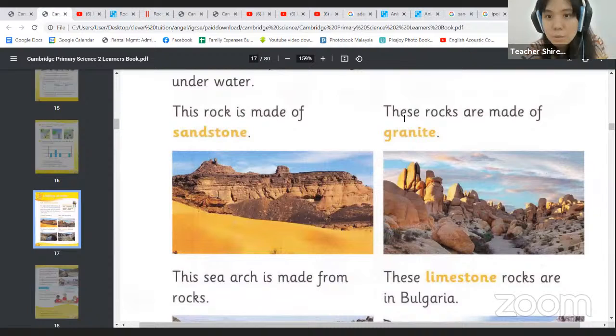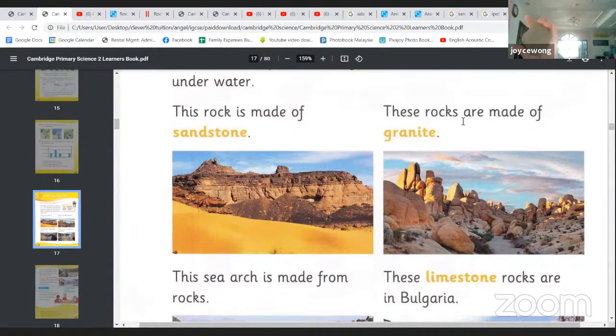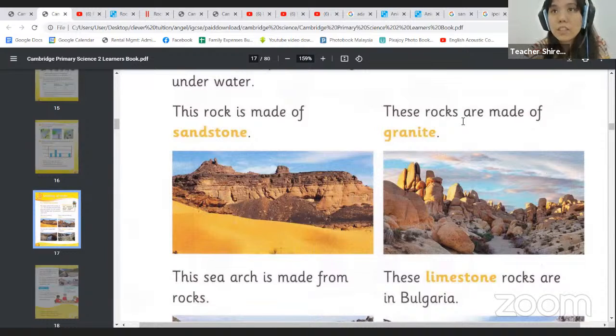The other type is what I call this rock. I can't tell what color very specifically. I can't tell if it's shiny or not because it's not polished.